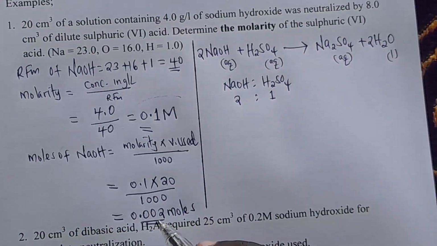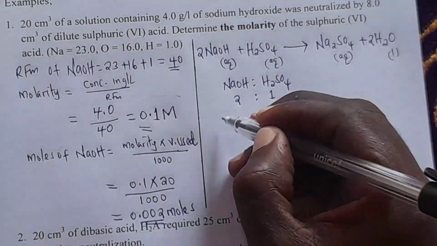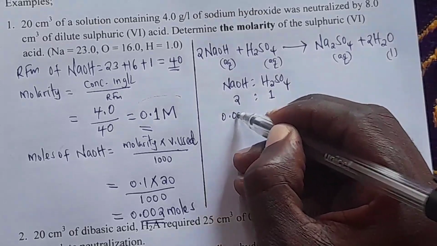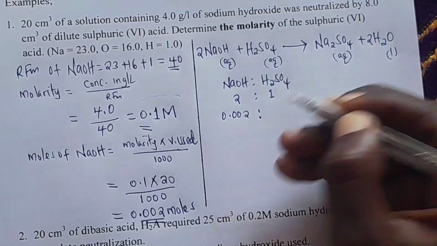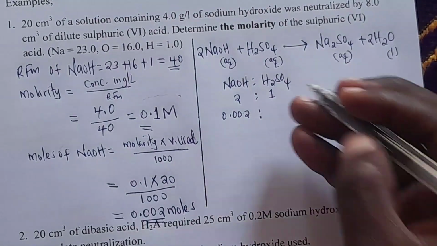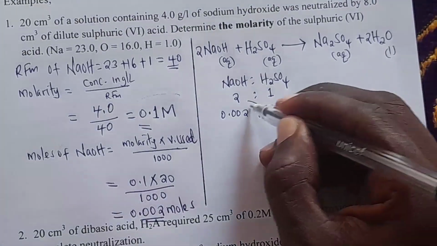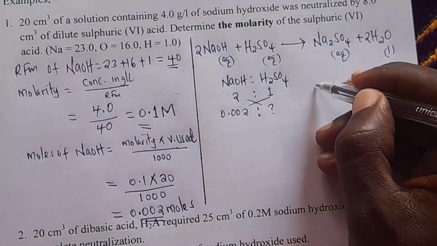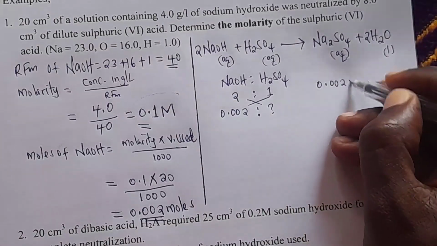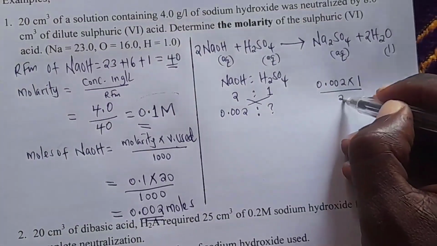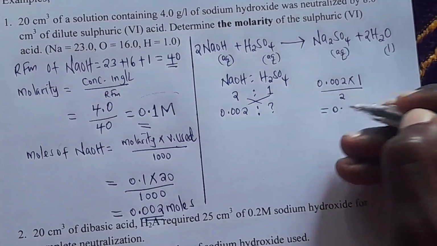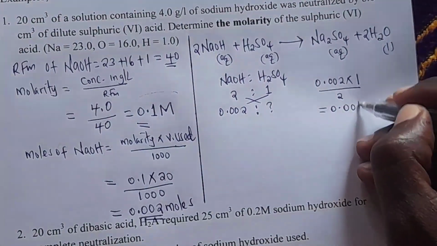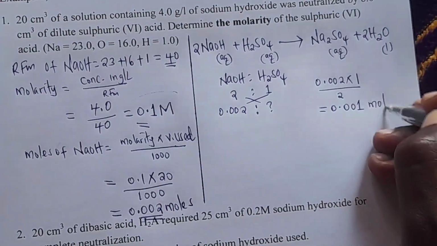We have already gotten the number of moles of sodium hydroxide, which is 0.002 moles. What about the one for sulfuric acid? We cross multiply: 0.002 times 1 divided by 2. Here we get 0.001 moles of sulfuric acid.